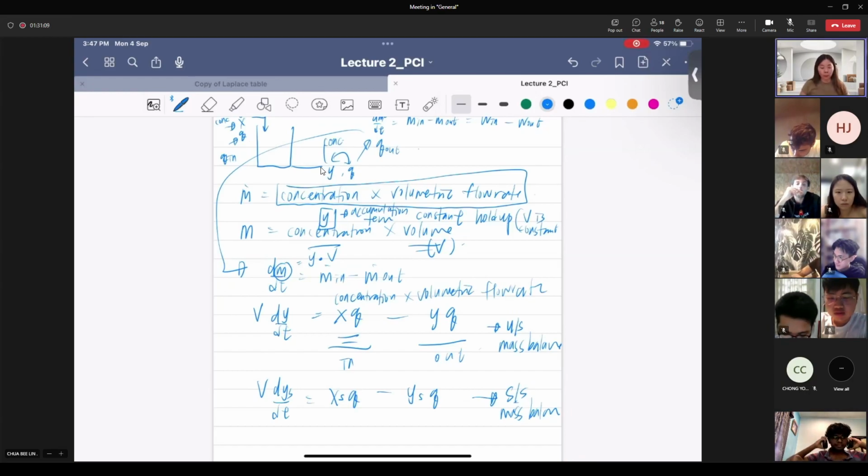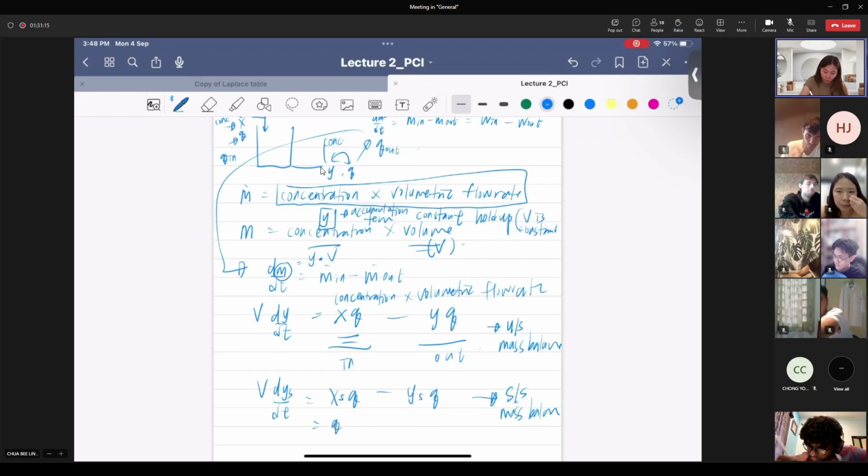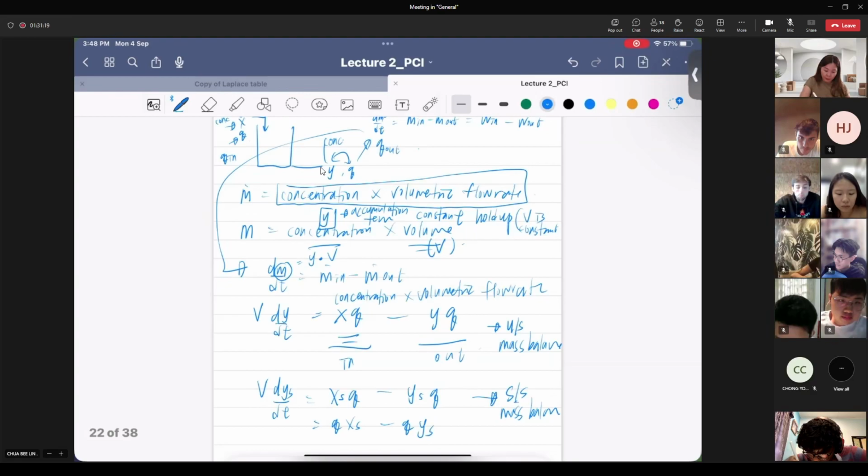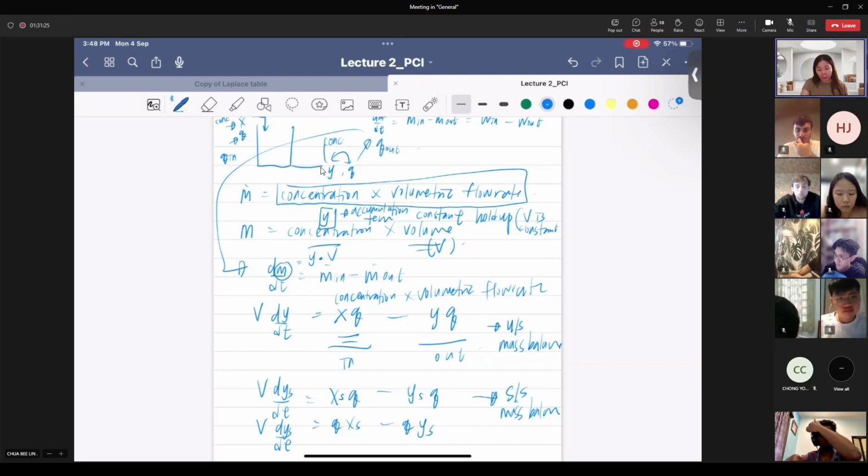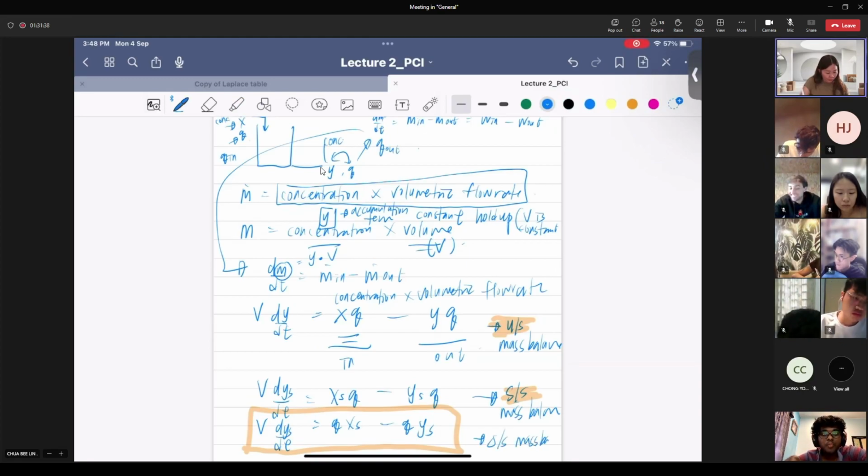So we will always put the coefficient at the front. So this equation we will change to QXs minus QYs. So V dYs over dt. So this is the unsteady state and steady state mass balance. So this is unsteady state. This is steady state. So we'll be using this equation for our steady state mass balance.